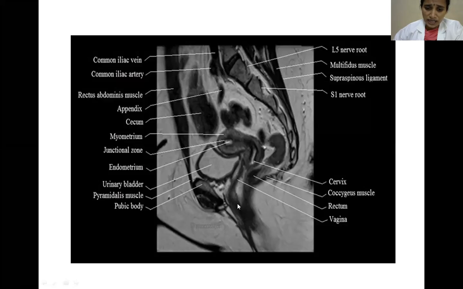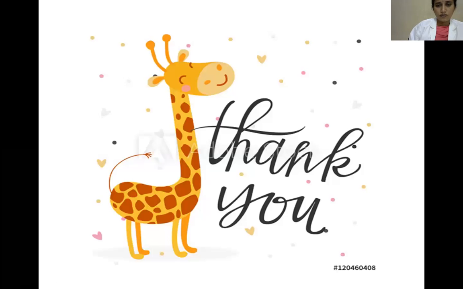This is the birth canal, the vagina, and here is the rectum and anal canal. So the difference between the MRI of the male pelvis and the female pelvis is that this viscus is additional here. So, thank you.